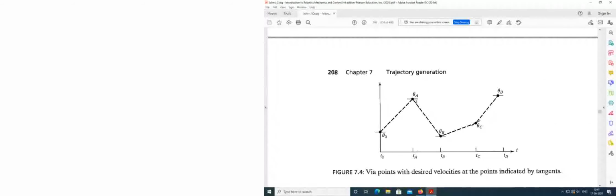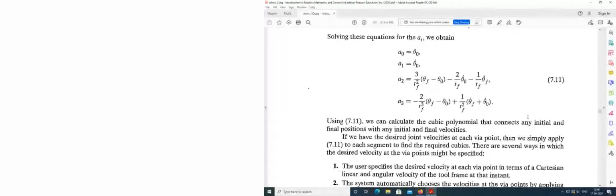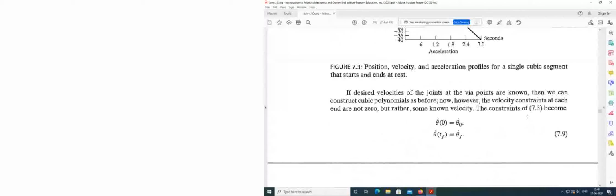So there should be a continuity at ta for theta, and there should be a continuity at ta for theta dot as well. So that will add additional constraints, and with those additional constraints, we can construct a cubic polynomial for each segment. I believe those constraints are given over here. Is it given? Let me check.